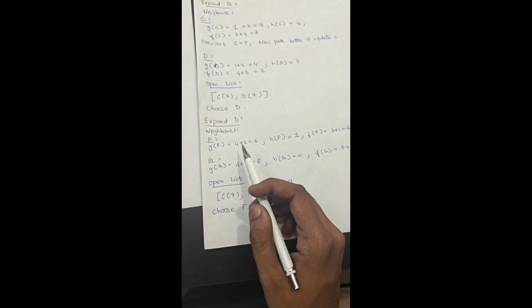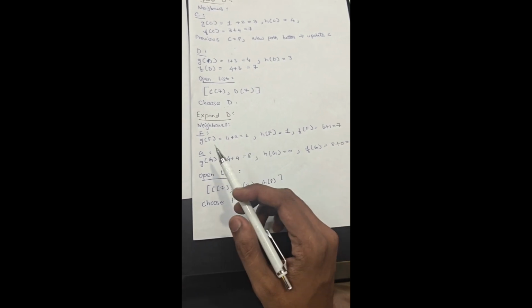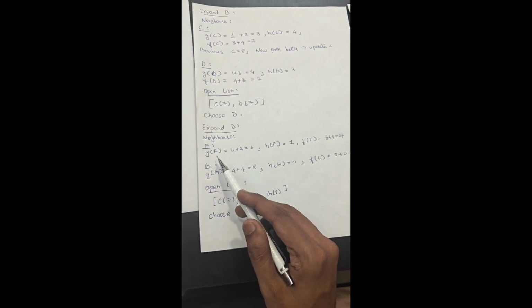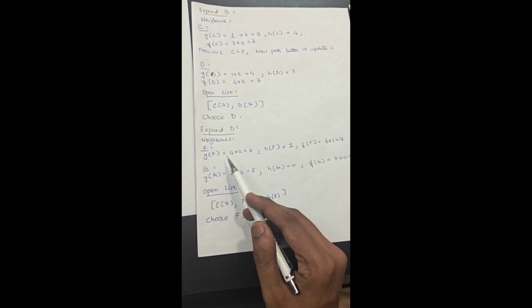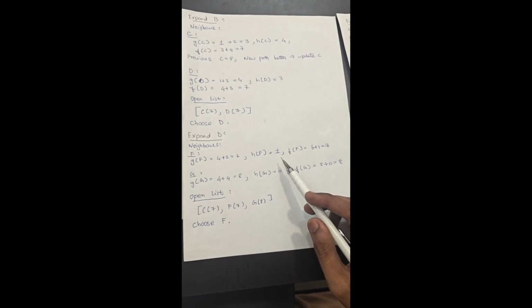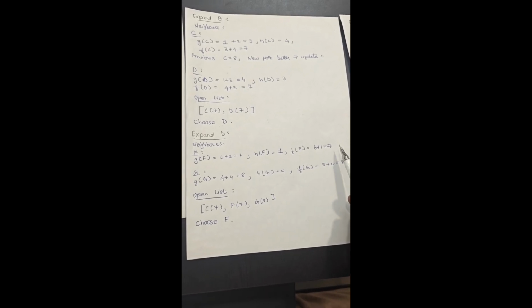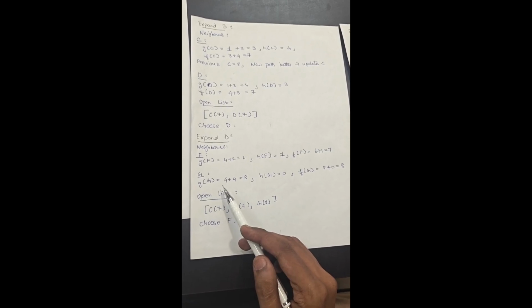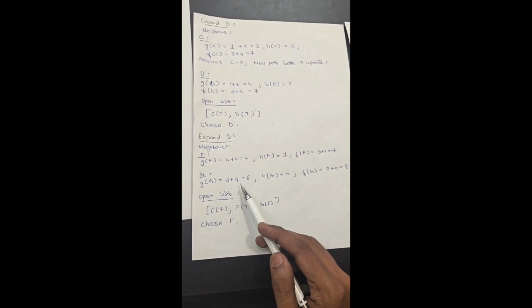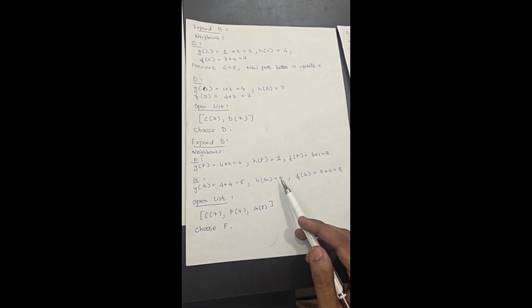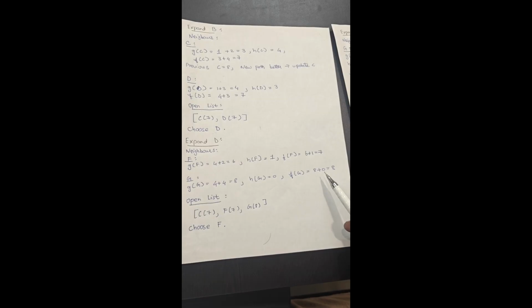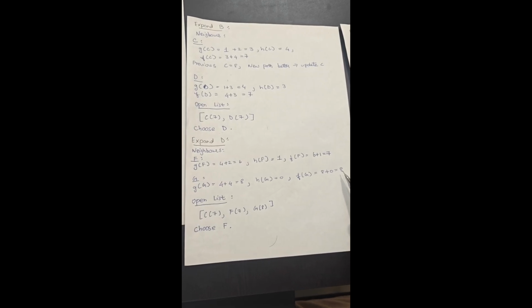Next, after expanding D, we have two neighbors, F and G, and the total cost from start node to F is 6, and the heuristic value is 1, and after adding it we will get 7. Similarly, the total cost from start node to G is 8, and the heuristic value of G is 0, and the f of G is 8 plus 0 equal to 8.